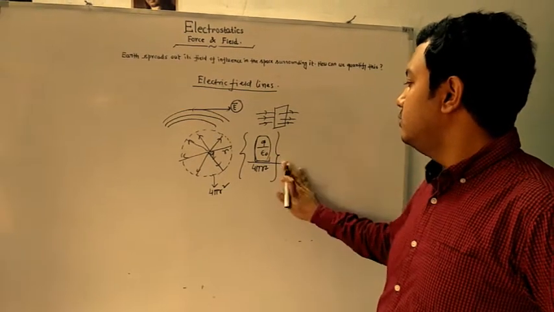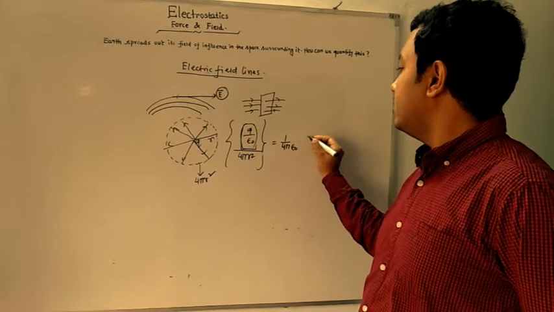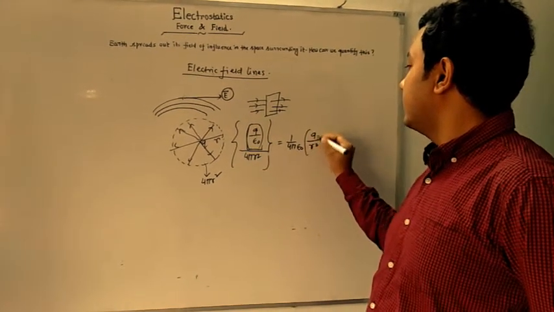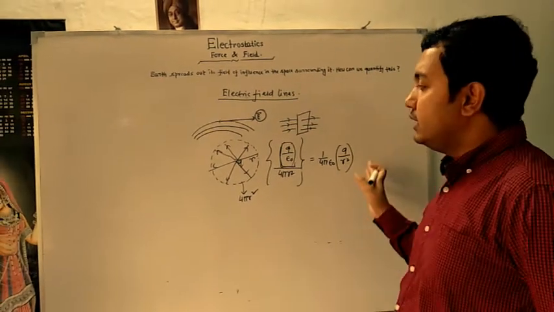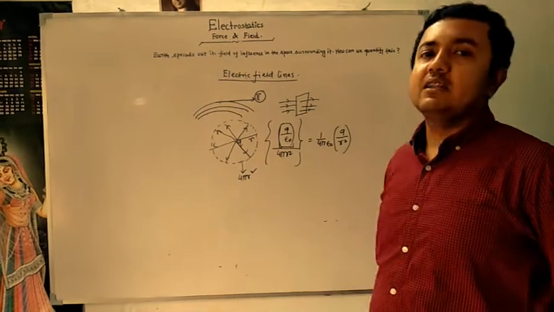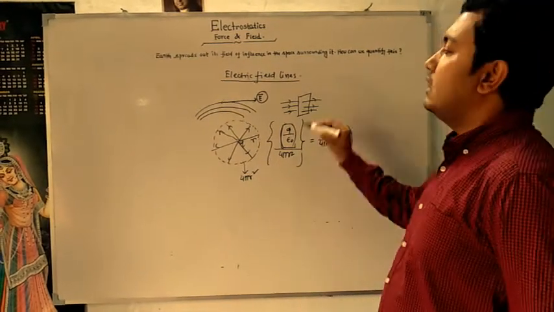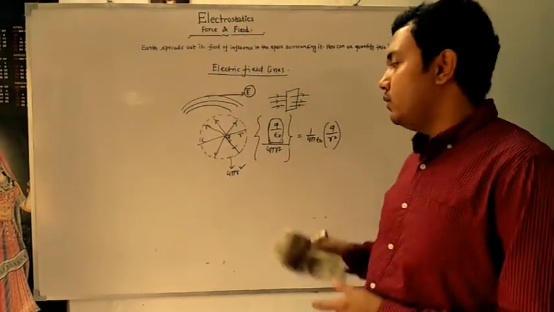So this value will be 1 by 4 pi epsilon naught q by r square, which is the intensity of electric field. So it is proved that the intensity of the electric field is represented by the density of field lines, that is the number of field lines passing through unit area normally or in a perpendicular direction.